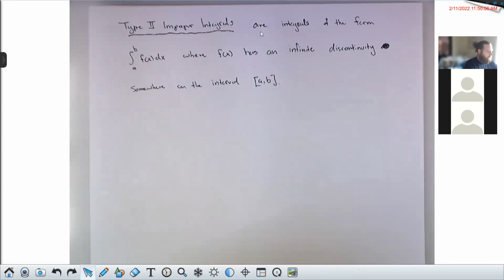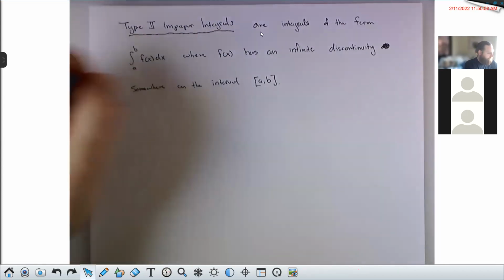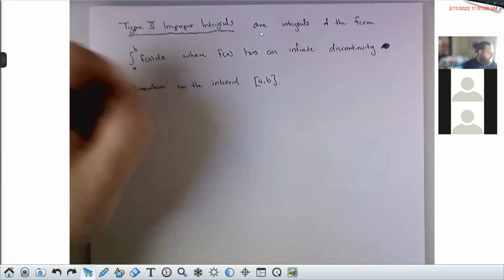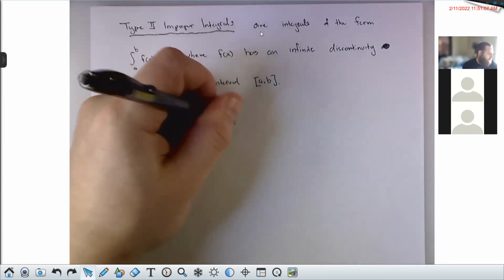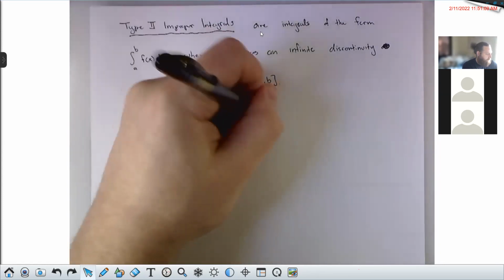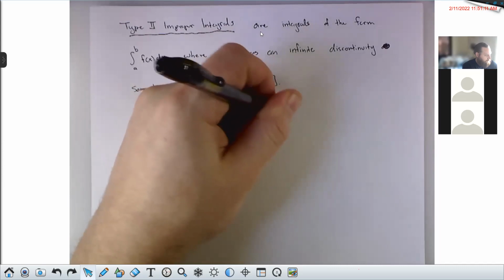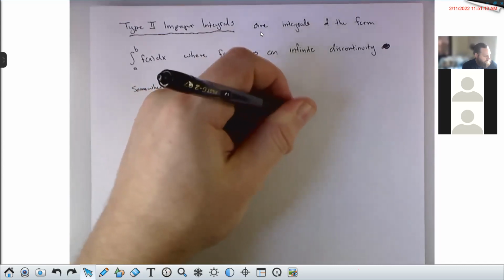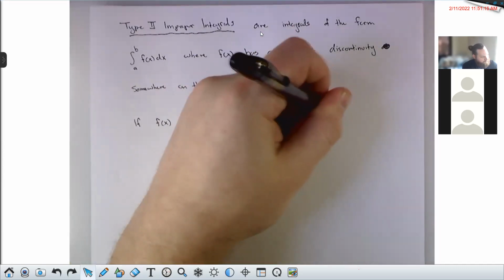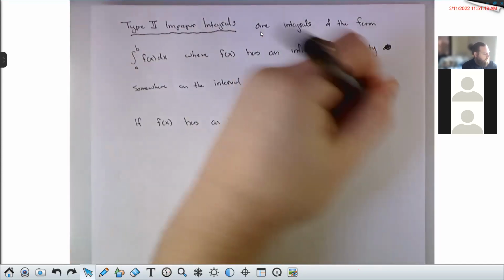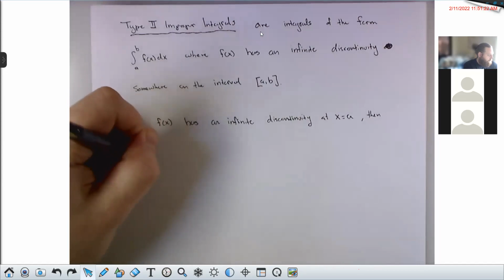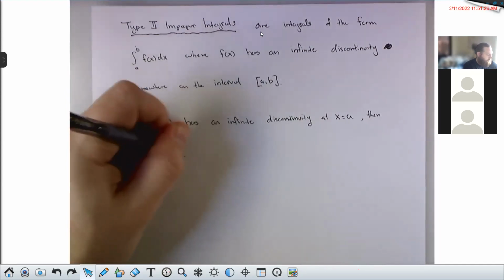So more specifically, if f of x has an infinite discontinuity at x equals a, then we define the integral from a to b of f of x dx.